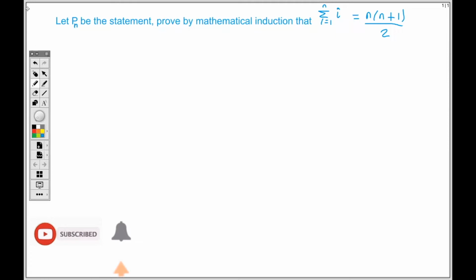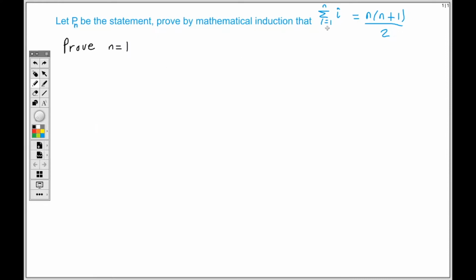Then we are going to prove it when n equals 1. Because I want to prove it for all numbers, so n equals 1, n equals any number, it will work. That's why I'm doing this proof. To prove when n equals 1, I will substitute 1 on the left-hand side because i starts from 1, and 1 on the right-hand side.